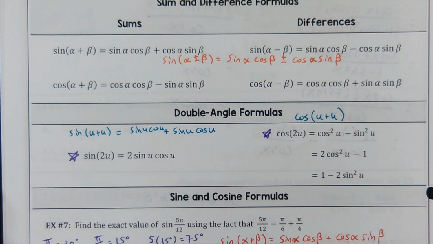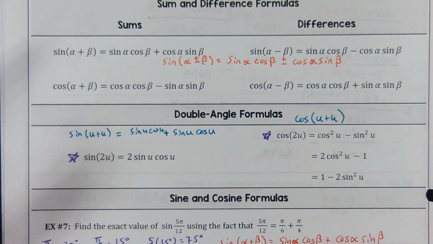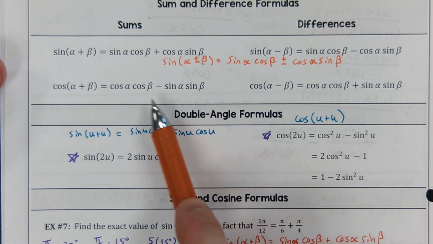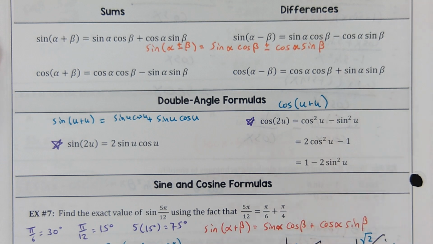And you might be saying to yourself, but how is that beneficial because cosine is going to do the exact same thing? Well, it doesn't. Here, cosine is going to have the opposite symbol between your trigs. So that formula will be slightly different symbol-wise.